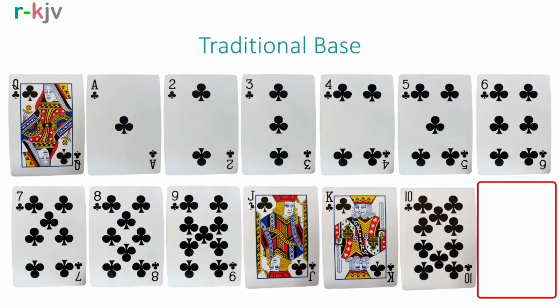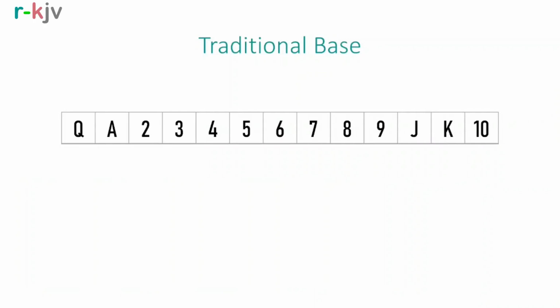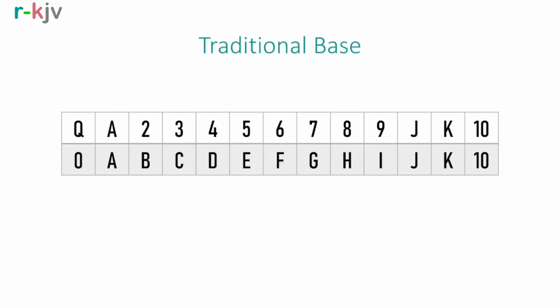If we arrange them in this order, we have Q, A, 2, 3, 4 up to 9, then J, K, and 1, 0. If we try to represent numerals using the English alphabet, we have 0, then A through K.